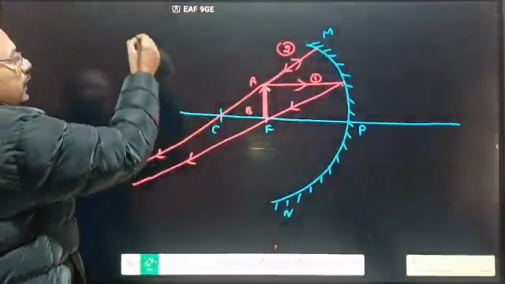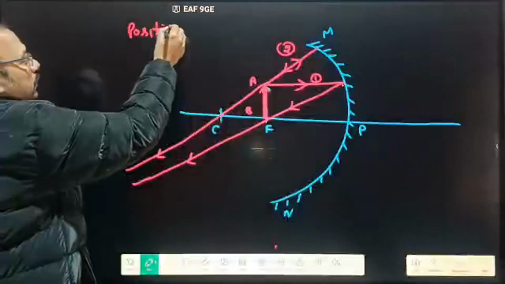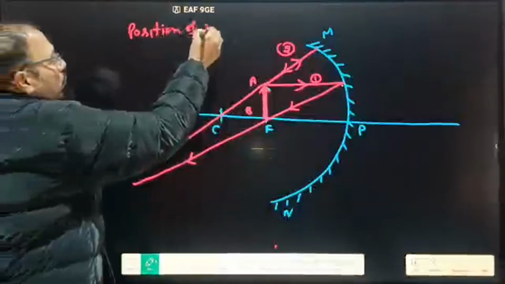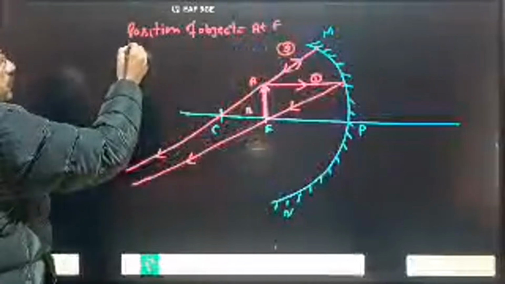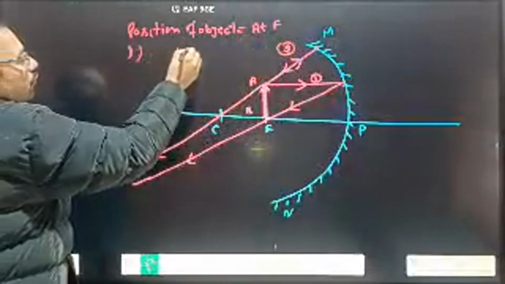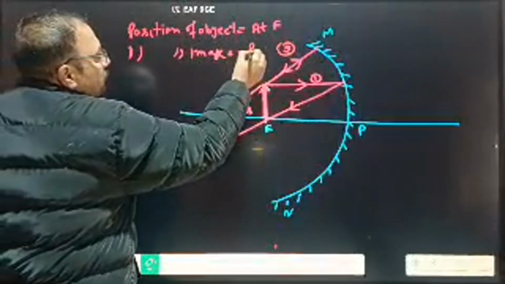So here we write position of object: at F. So image formation, that is position of image: infinity.